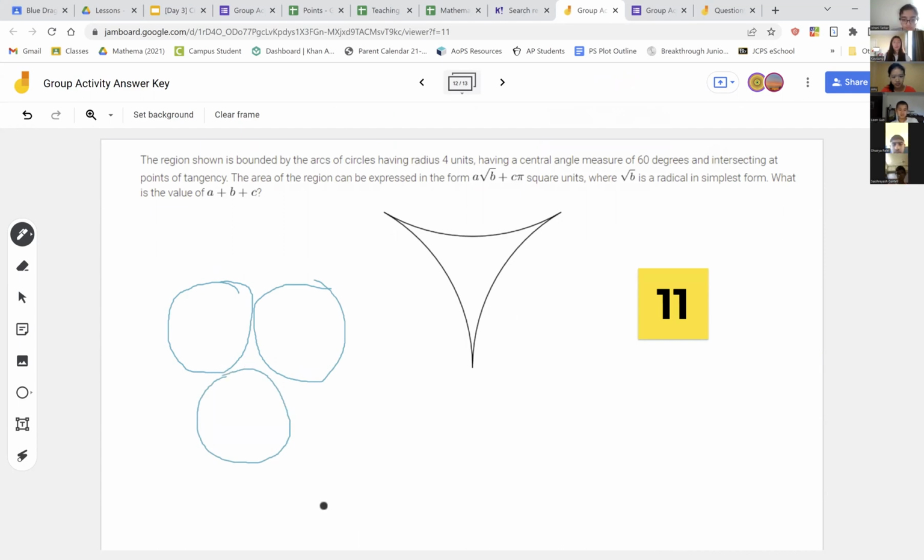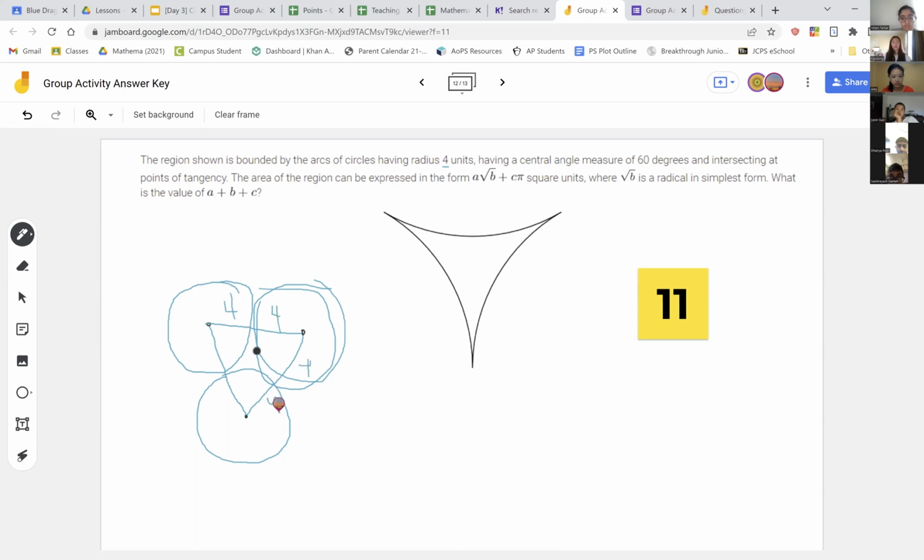Since it's hard to find the area of that shape, what we can do is subtract the areas that we know. If I draw a triangle like that, since it says the radius is 4 units, all of these side lengths are going to be 8, since it's 4, 4, 4, 4, 4, 4.